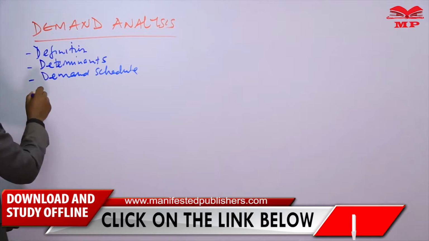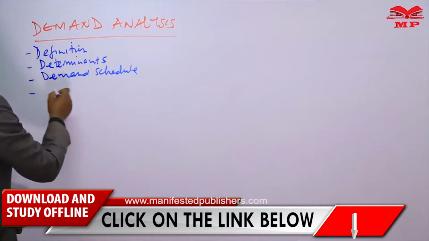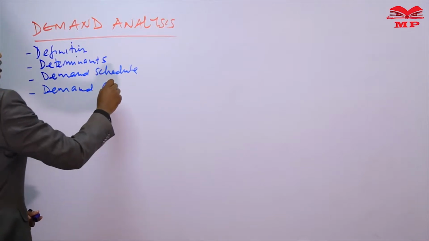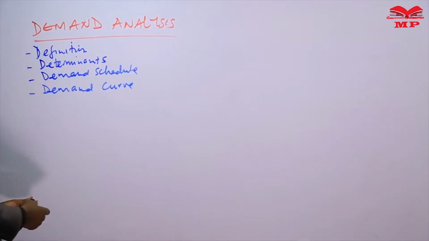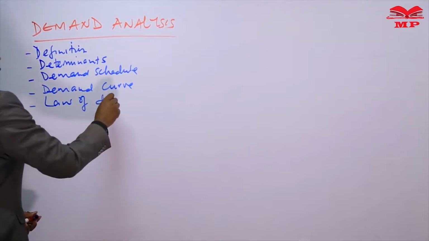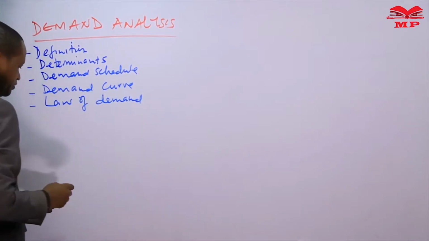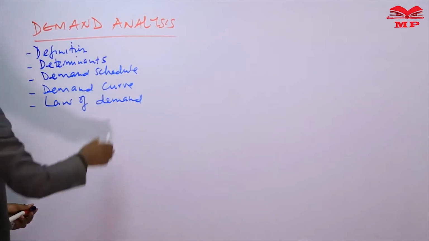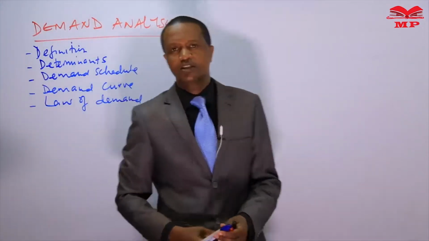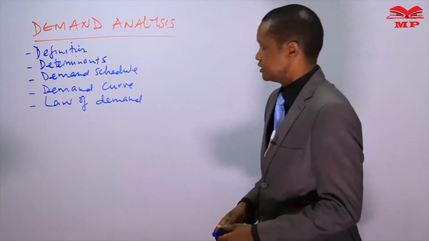On the basis of the demand schedule, we learned how to draw the demand curve, and we also stated the law of demand. All these we have covered in our previous videos as far as demand analysis is concerned.